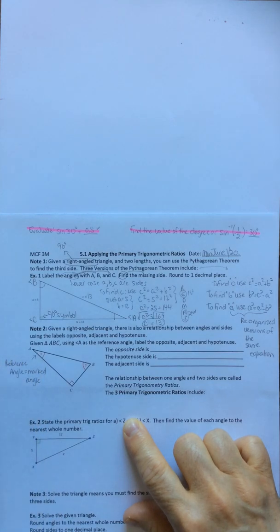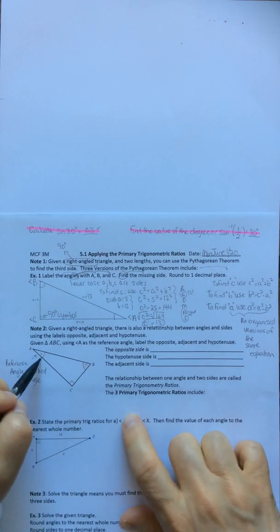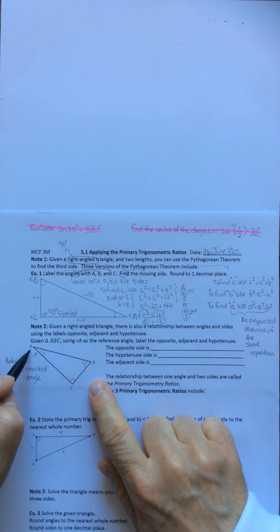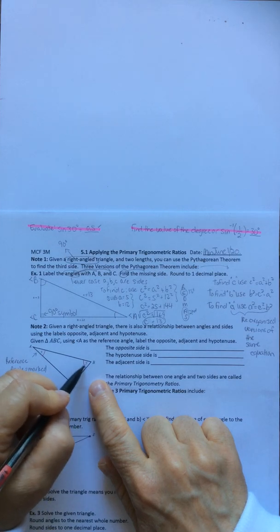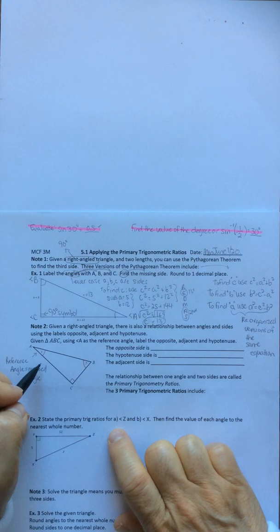Now, angle A marked X and angle B marked Y, they've both been given a symbol. But even if X wasn't here, we could just call this angle A, and this angle B. We wouldn't have to actually use a letter for it if we didn't choose to do so.